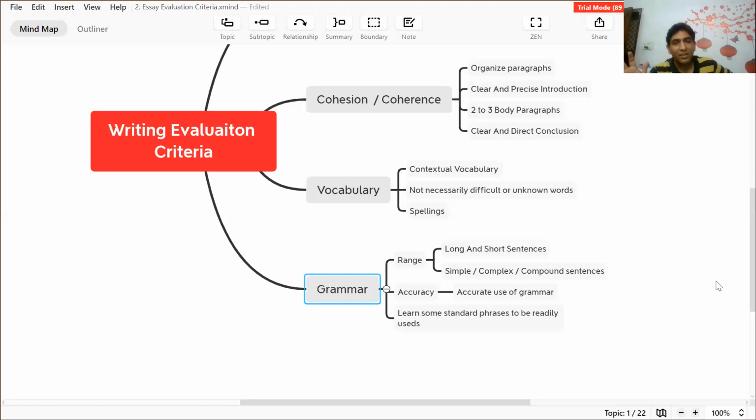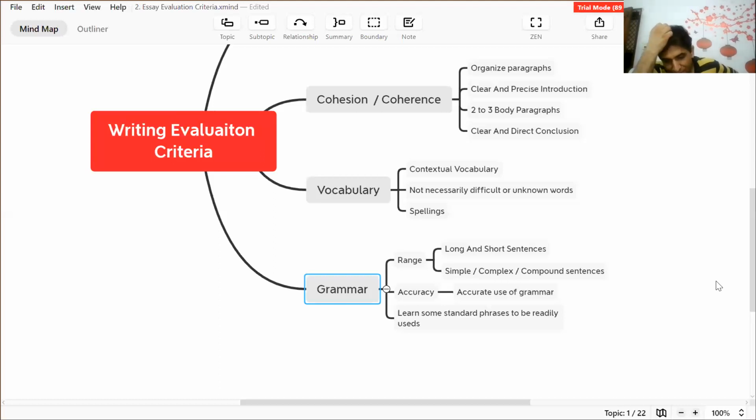I'm not an advocate of mugging up structures, but I definitely suggest going with some templates that you can readily use in your writing, and use them very cautiously and carefully. It should fall in place. It should be in sync with what you are writing or speaking, so that it does not look out of place.